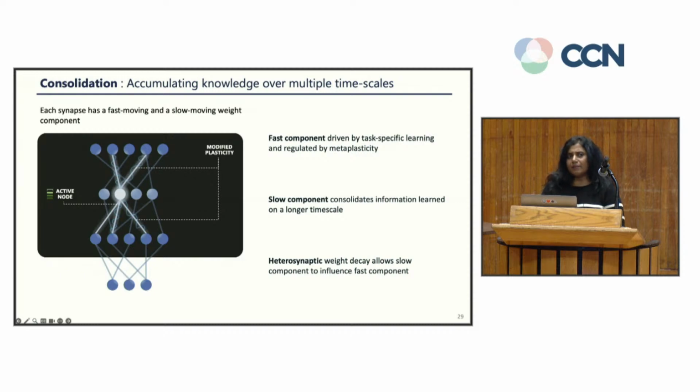And we also have something called heterosynaptic weight decay that allows the slow component to influence the fast component. So a way to think about this is the fast component is a traditional synaptic weight, and the slow component can be a reference weight which consolidates the knowledge over a longer time scale.